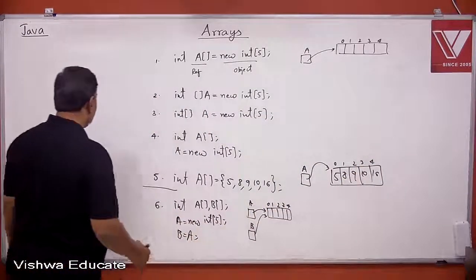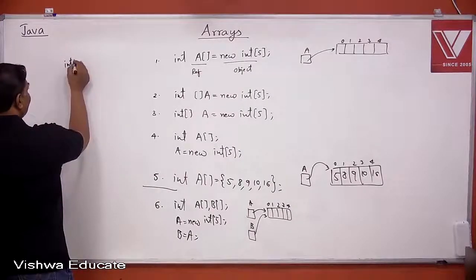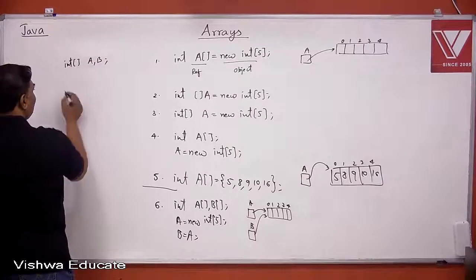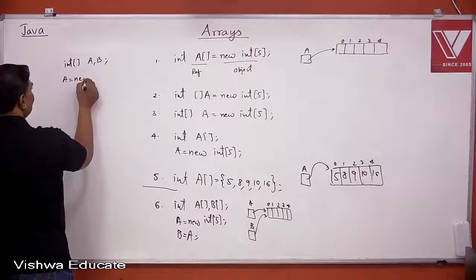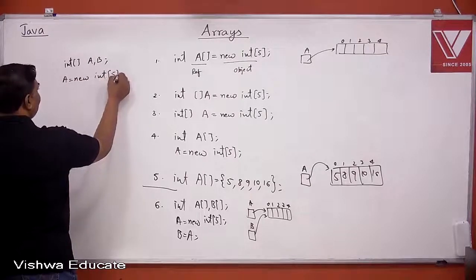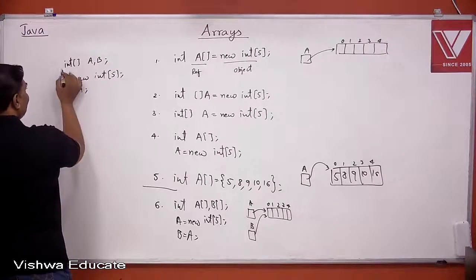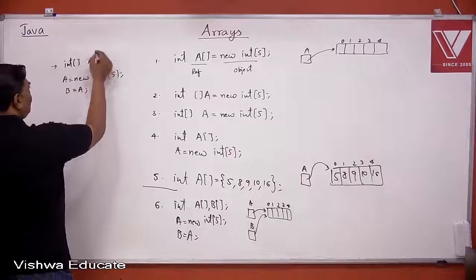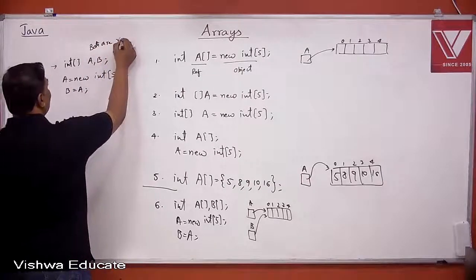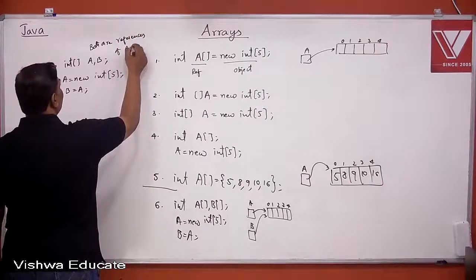Now one more thing. Here I can say integer reference A and B. Then A, assign new int of size 5 and B, assign A. See, if I declare it like this, then both are references of array.